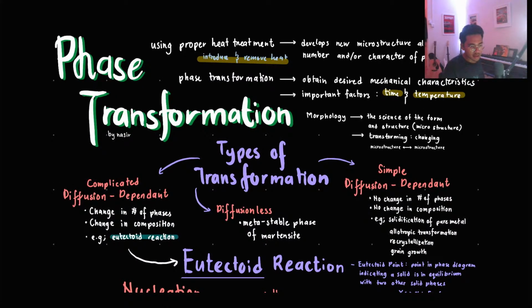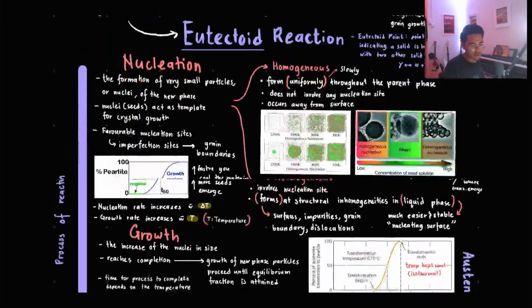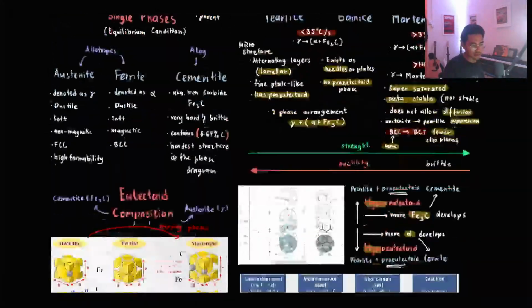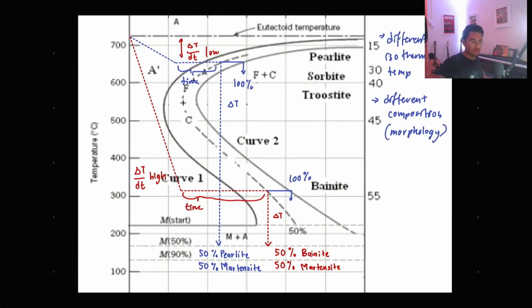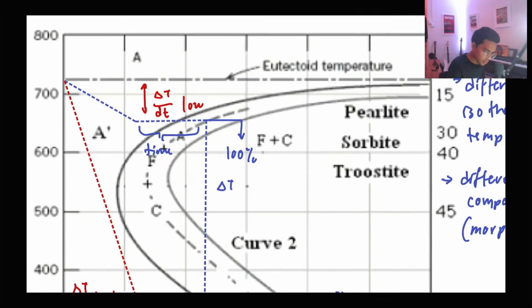50% pearlite, 25% bainite, 25% martensite. Okay. So if we would have 50% pearlite, you'll be going here. Here. And then here. Let's say the curve is here.